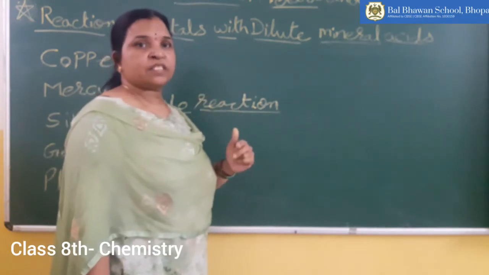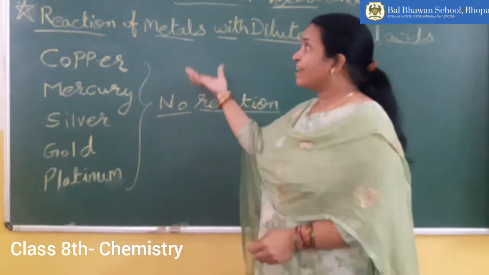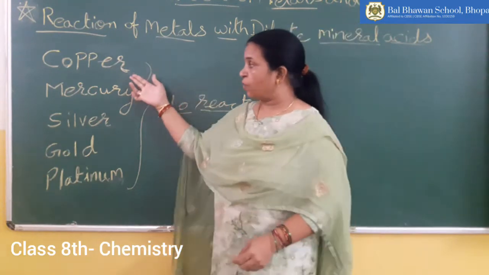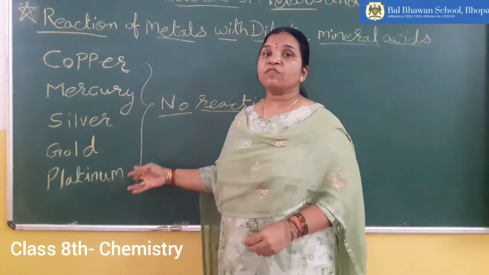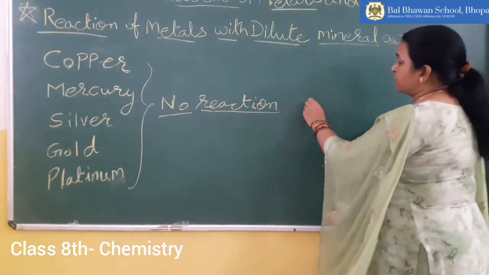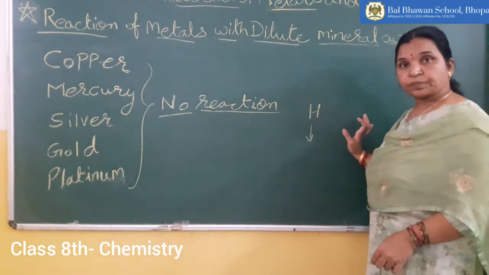Now let us discuss examples of metals which are less reactive or least reactive, such as copper, mercury, silver, gold and platinum. Children, if you remember the reactivity series, these metals are placed below hydrogen.